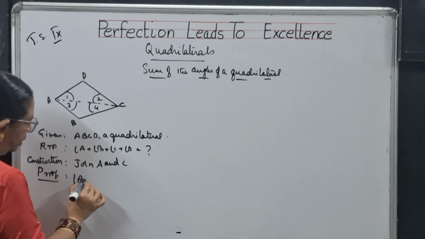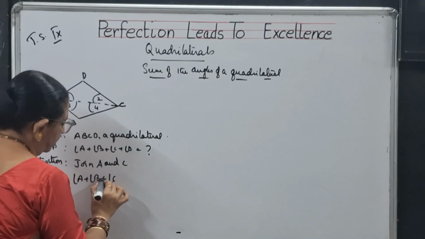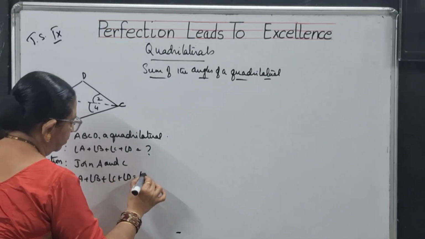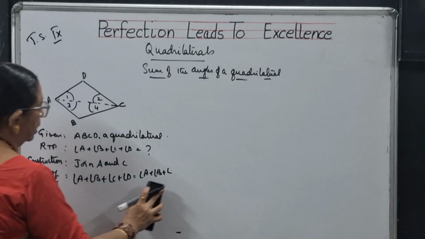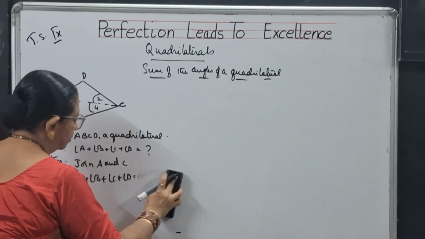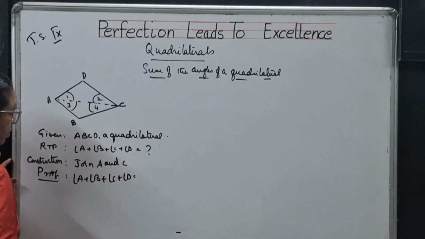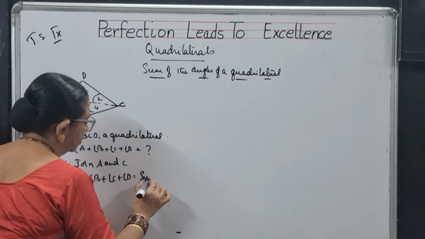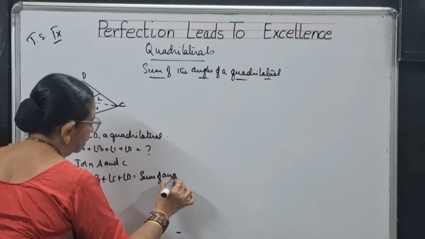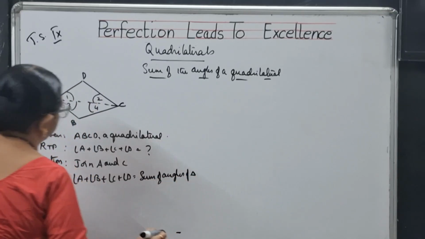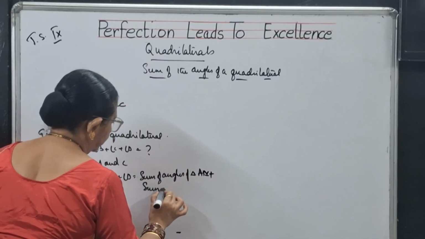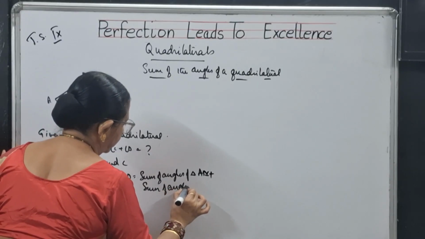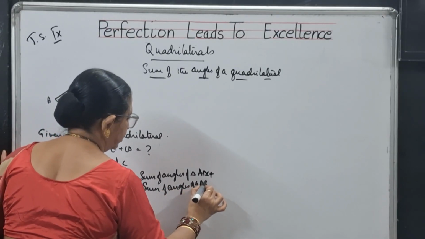Angle A plus angle B plus angle C plus angle D is equal to the sum of angles of triangle ADC plus the sum of angles of triangle ABC.